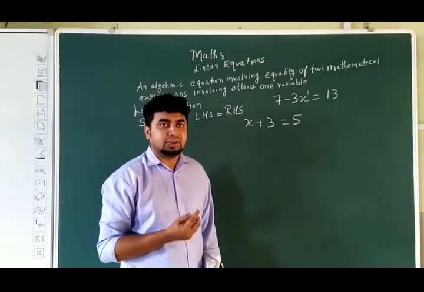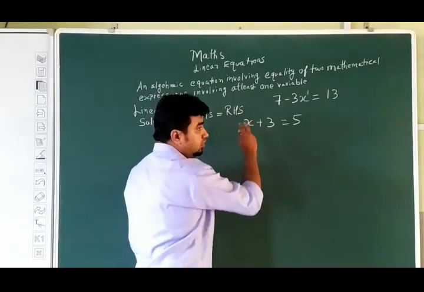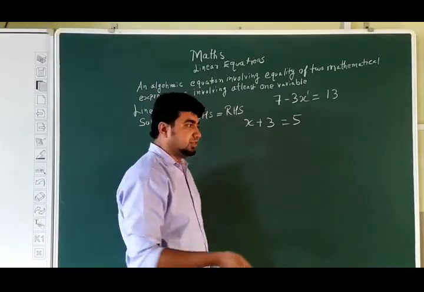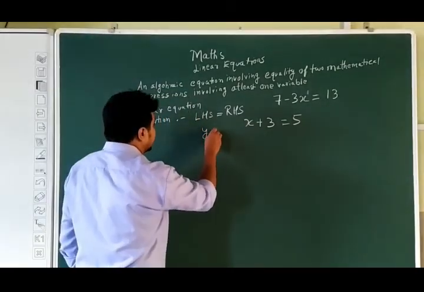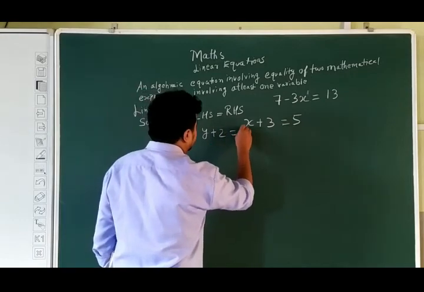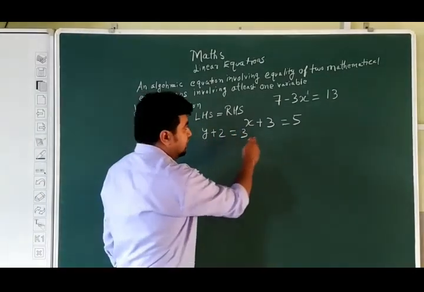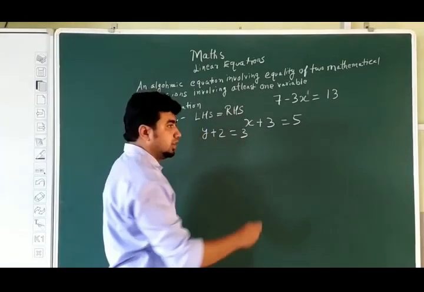Two things you have to keep in mind. Linear means the power of the variable, suppose here the variable is x, is 1. You can take one more equation like y plus 2 is equal to 3. This is also a linear equation in terms of variable y, and this is a linear equation in terms of variable x.